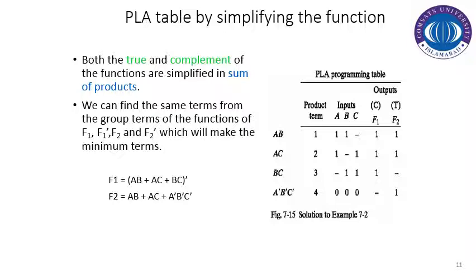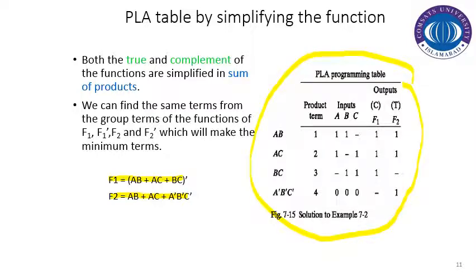We can also simplify those functions by using the PLA table, the programming table here. If you consider the previous example, these two functions f1 and f2, we can see the common terms here, and these terms can also be observed by using the function table, and that is basically figure 7-15.